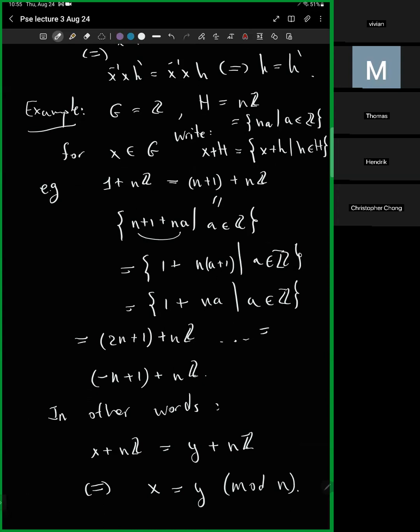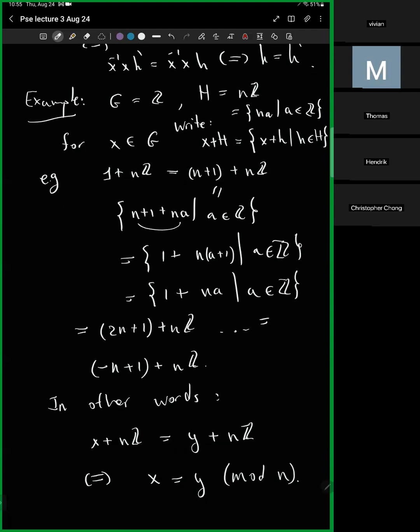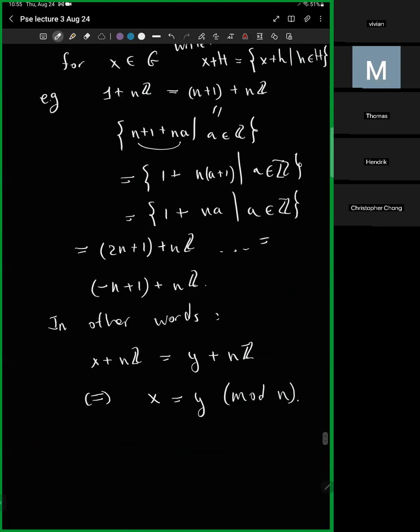Another example, you can take 0 plus nZ. This is going to be equal to n plus nZ, and also to 2n plus nZ, and so on.